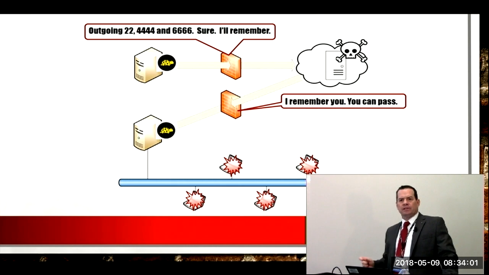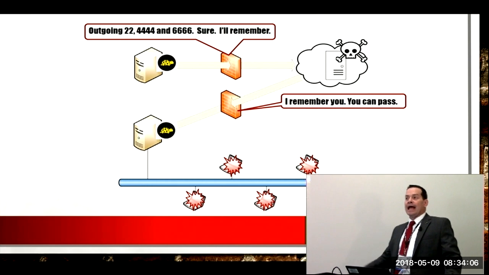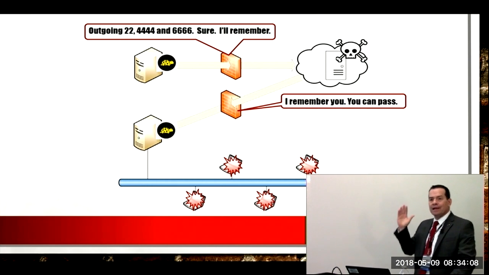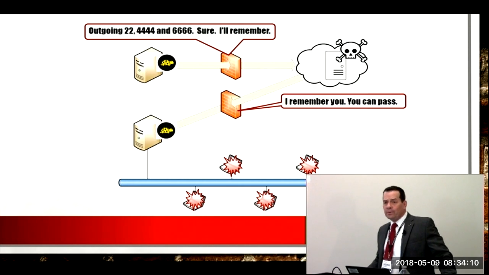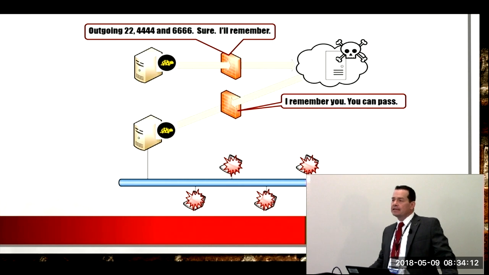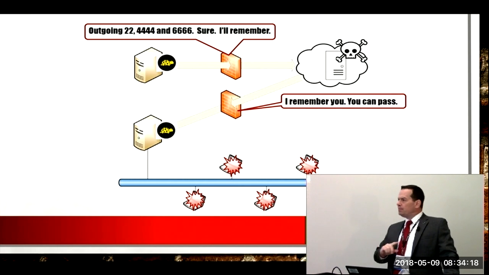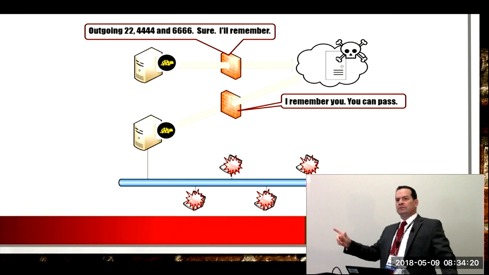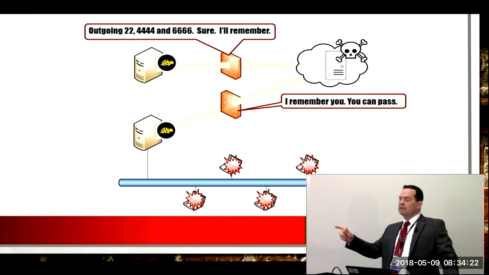So just to give you a visual of that, I took the LAN turtle, plugged it into that Raspberry Pi, outgoing 22, outgoing 4444, and 6666. I was trying to use port numbers that were pretty obvious. And it communicated out to the DigitalOcean Linux server.